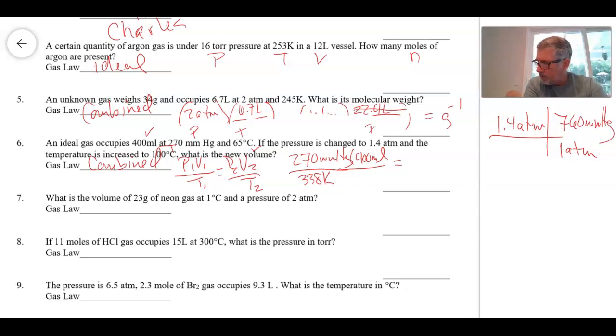When I do that, I get 1100 millimeters of mercury, because I'll keep the 2 digits, times V2, which I want to find, and my new temperature is 373. Okay, so I'm going to set it up like this.